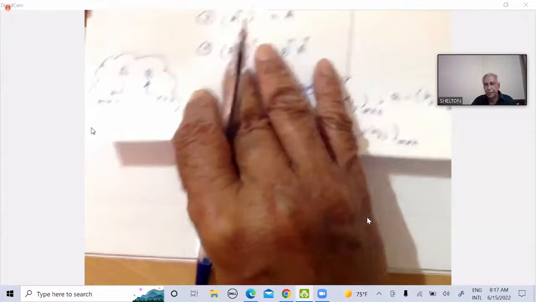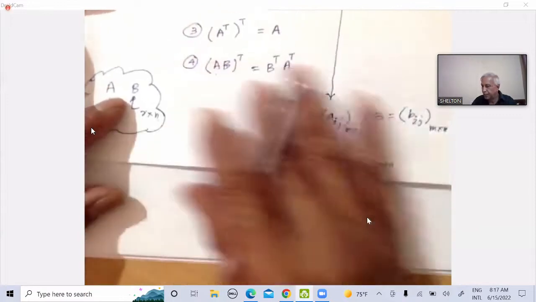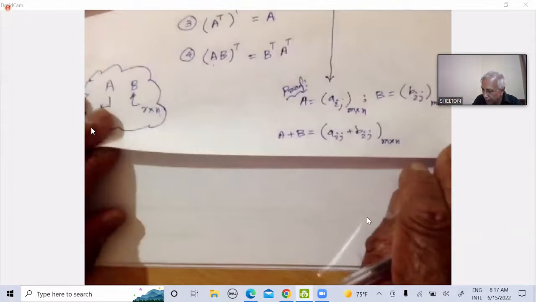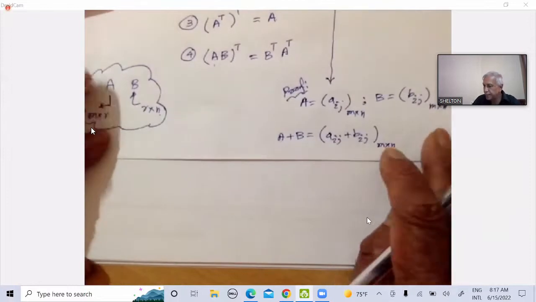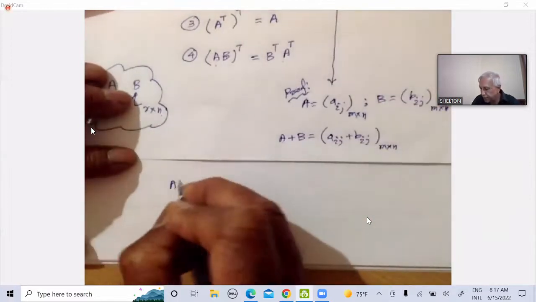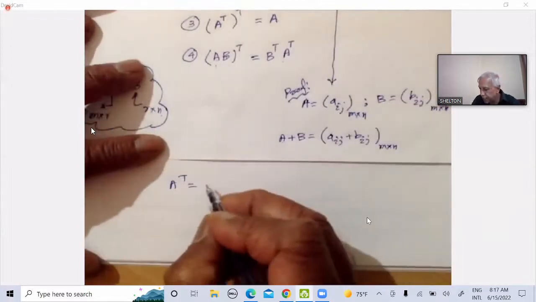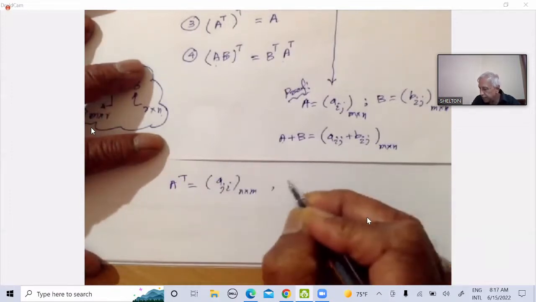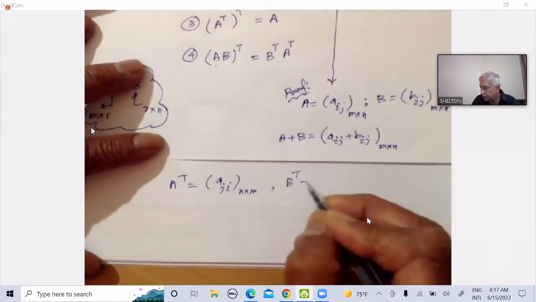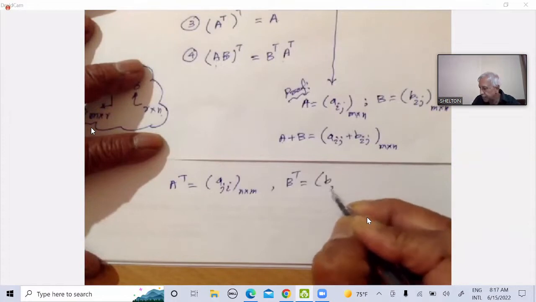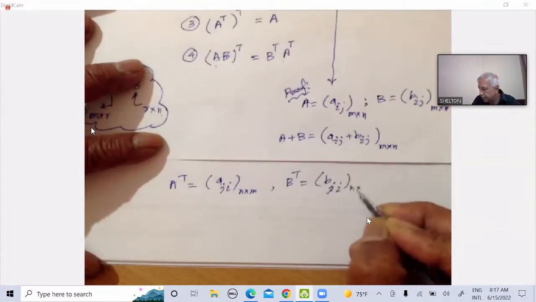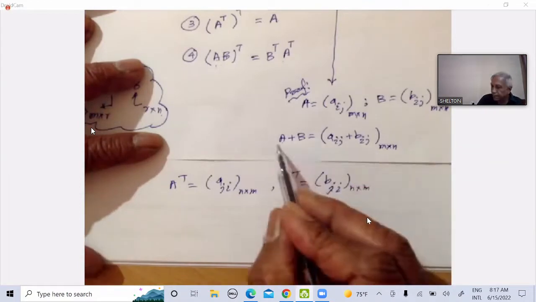A transpose is equal to, A is Aij, m by n, so A transpose is Aji, n by m. What is B transpose? B transpose is equal to Bji, n by m. And A plus B is this.